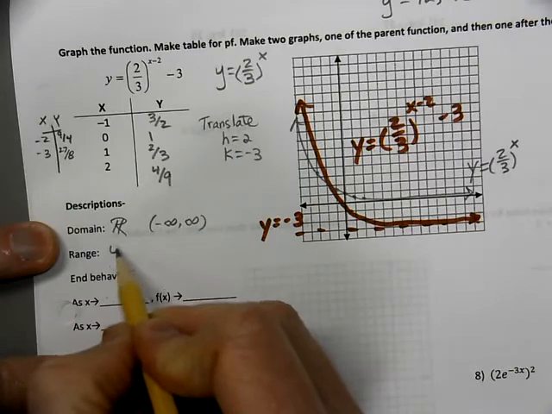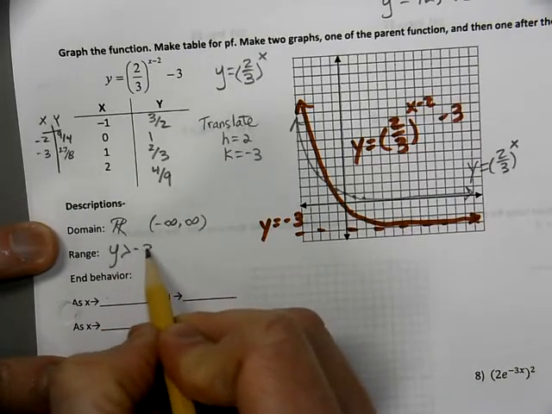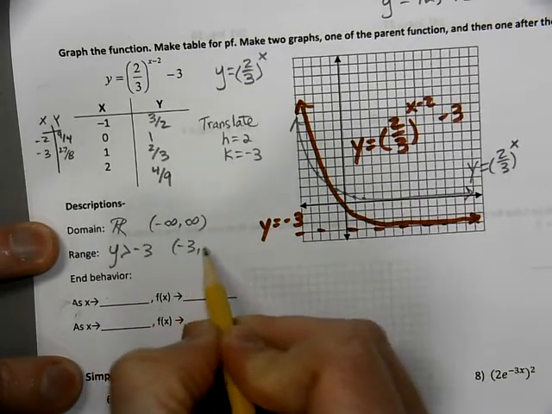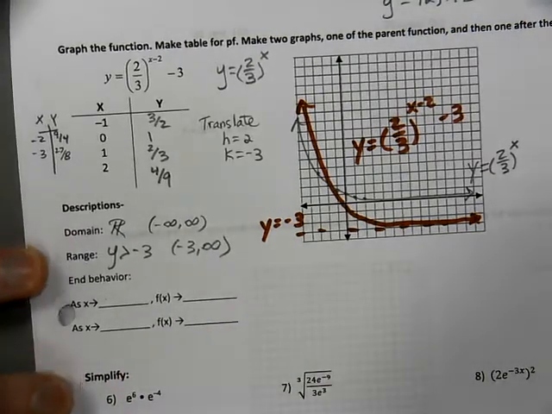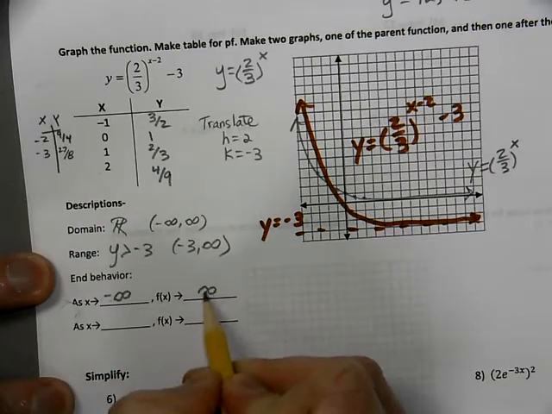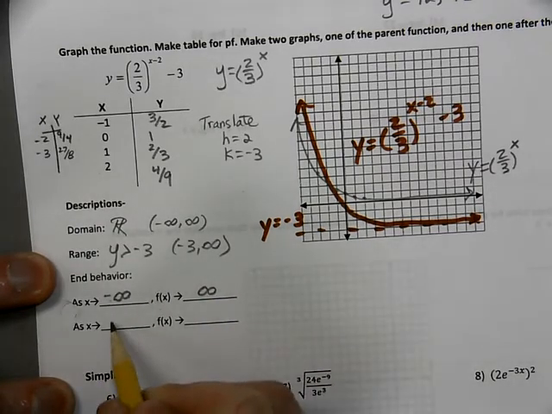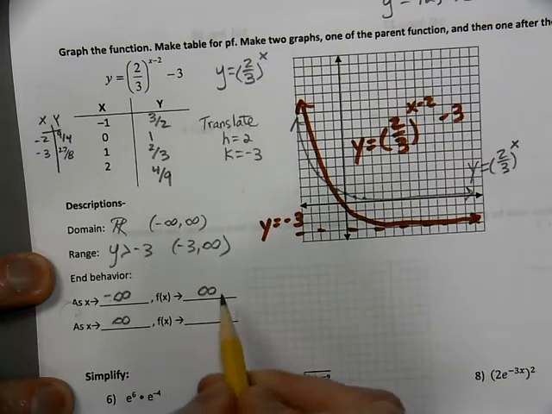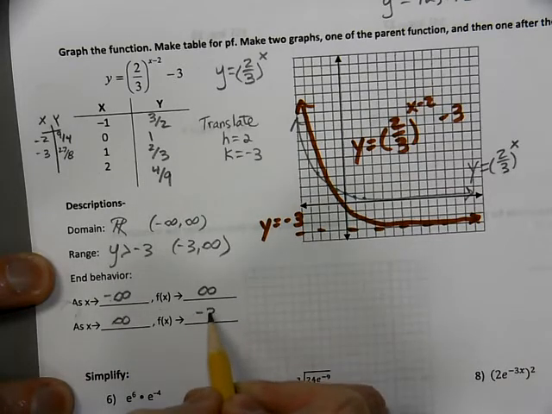The range are all the values that are greater than -3, -3 and up. The end behavior, as x gets really small, the function's getting really big. When x gets really big, the function is getting super close to -3.